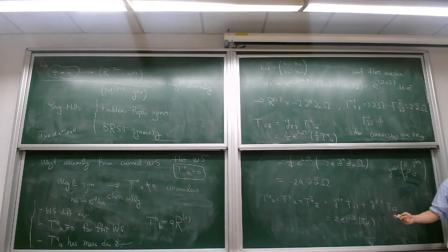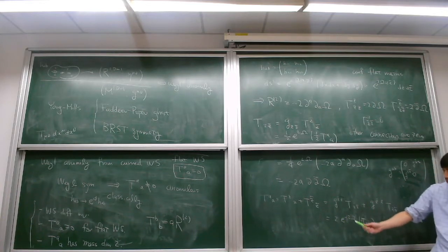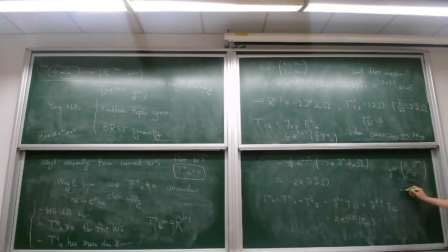What I'm doing here? Yeah, and Z-bar Z times T_ZZ-bar. Therefore, this one is equal to 2 times e to the omega minus 2, e to the 2 minus omega, 2 times e to the minus 2 omega, 0, 0.